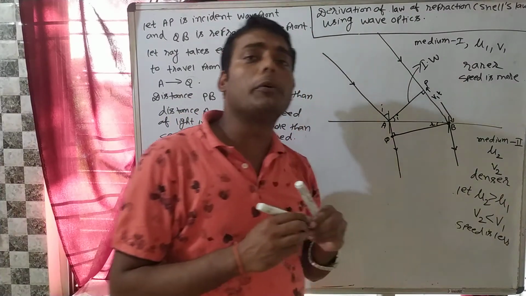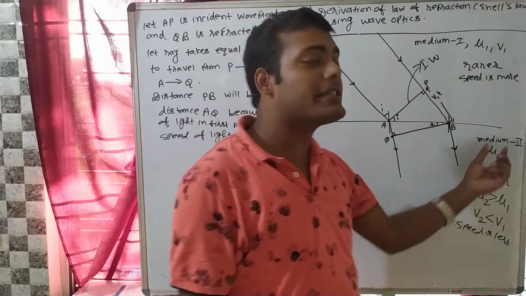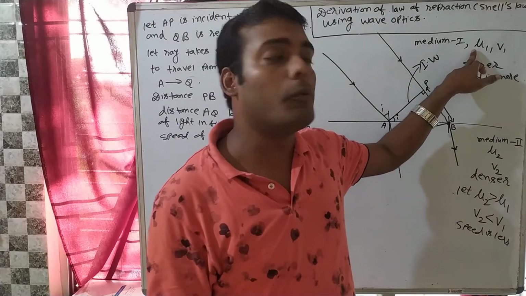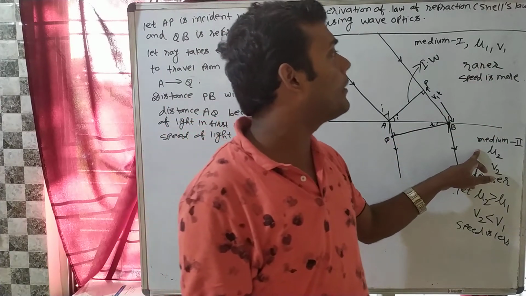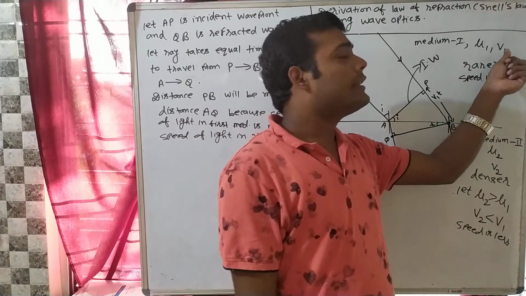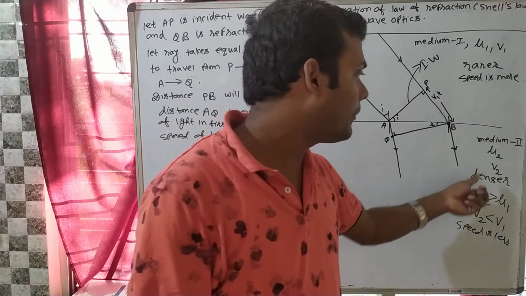Achha. Now we want to make the refracted wave front. Let's say this is medium first and this is medium second. Let's say the refractive index of medium first is mu1 and of medium second is mu2. Let's suppose the speed of light in first medium is v1 and in second medium is v2.